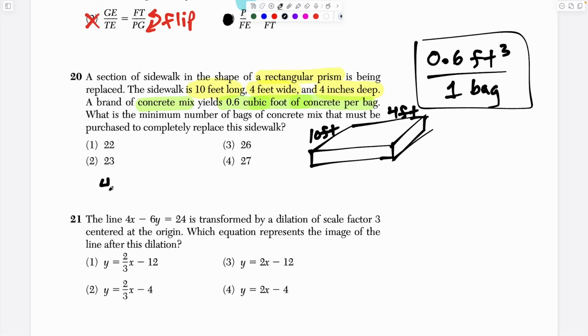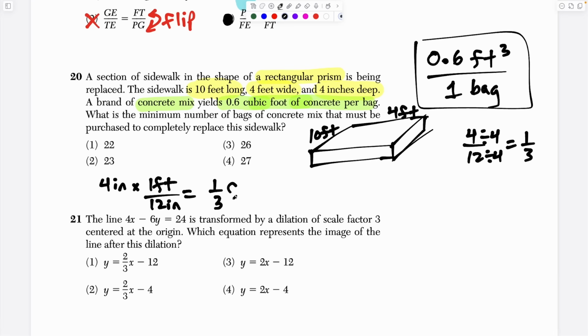So over here, I'm going to say 4 inches, multiplied by 1 foot over 12 inches. I'm going to convert inches to feet. There's 1 foot in 12 inches. 4 over 12, if you divide numerator and denominator by 4, gives you 1/3. So we would get 1/3 of a foot.